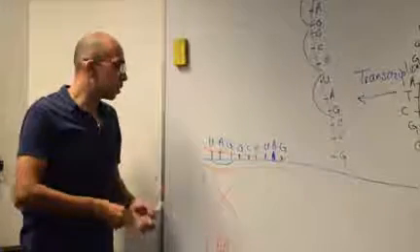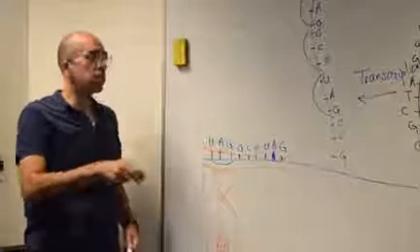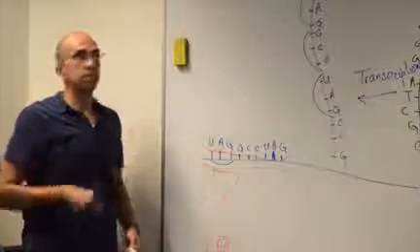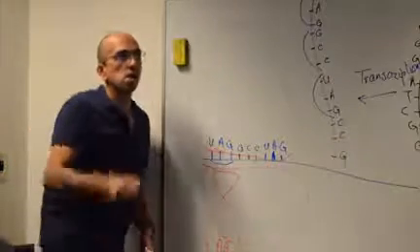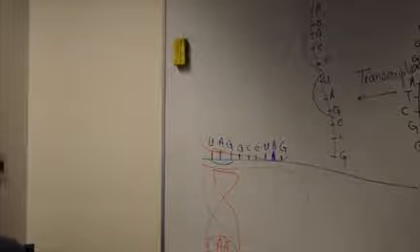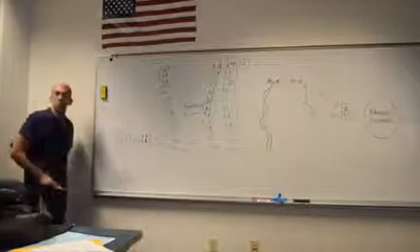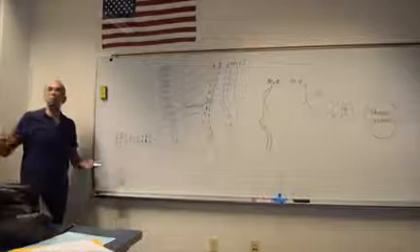Can you find in the table in front of you UAG? This is a stop codon. It's not coding for any of the amino acids. So I will not get any amino acid at this position in the protein. This is a stop codon.